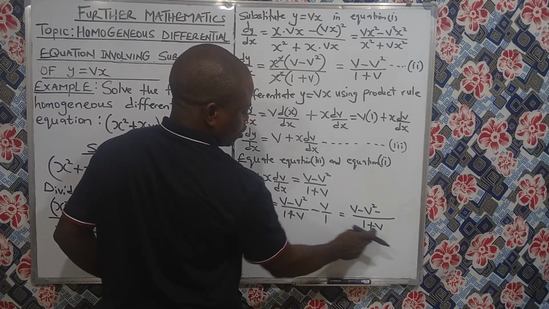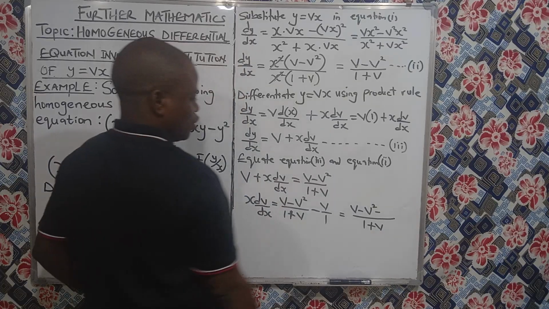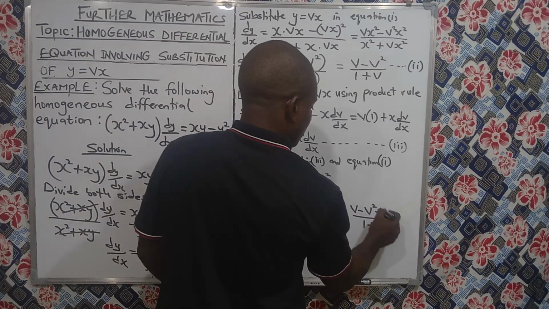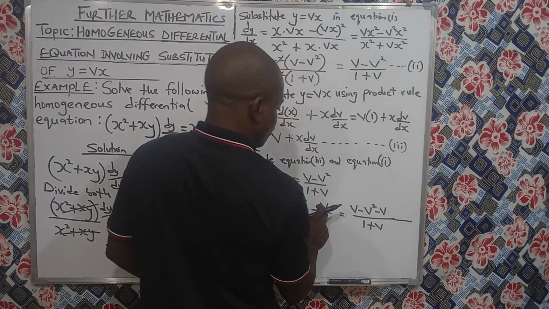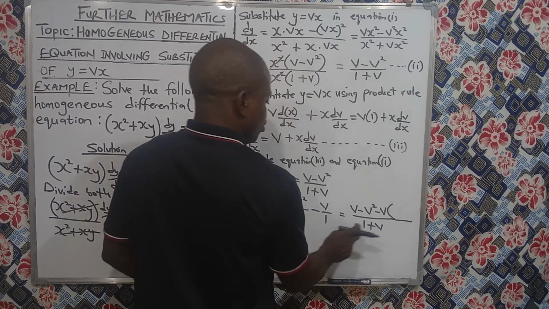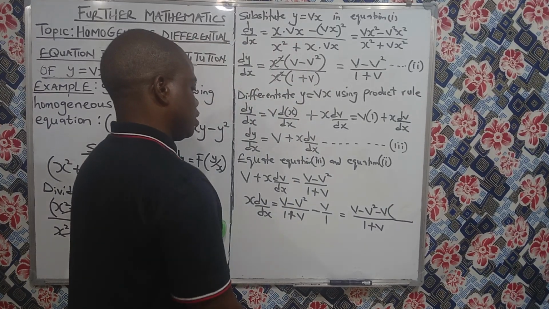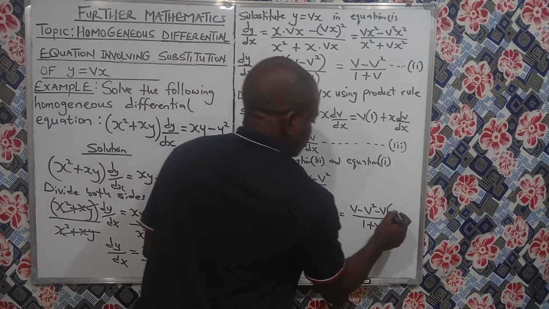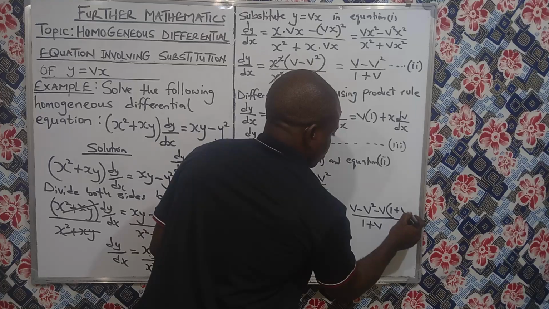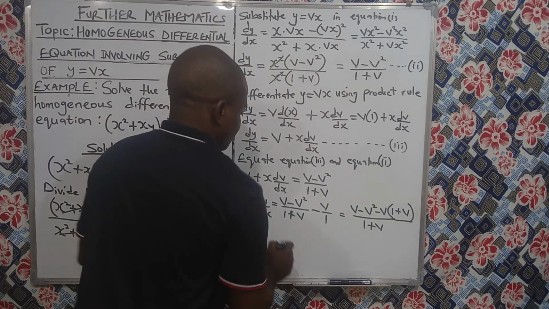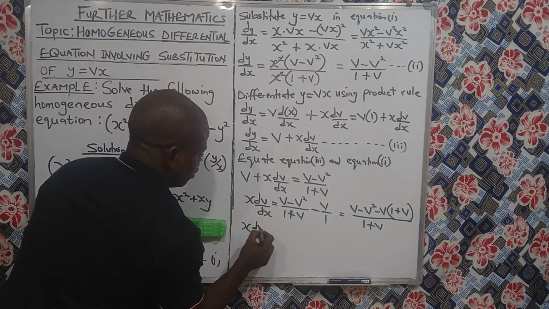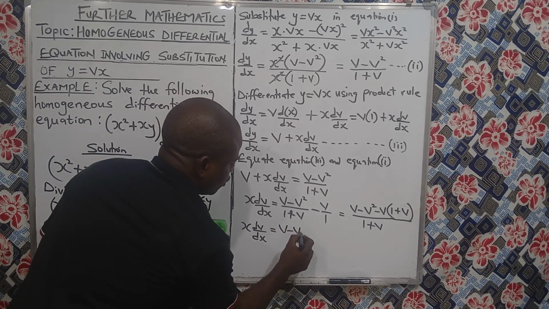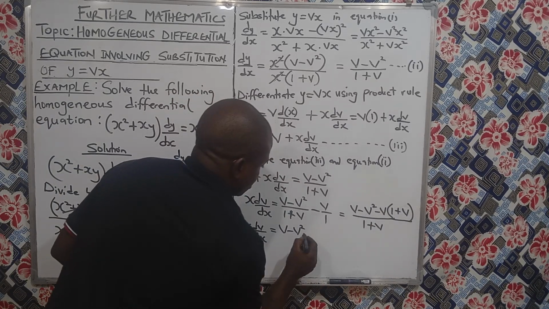Put your negative, 1 goes in 1 plus v, that's 1 plus v. You put your minus v here, and 1 plus v times v. That's why I will put it inside the bracket, 1 plus v. Okay.